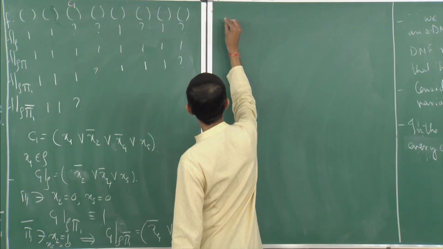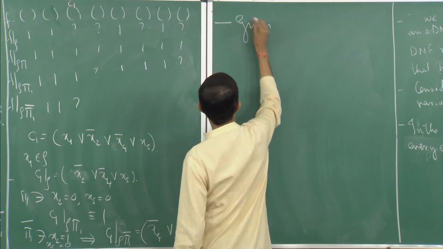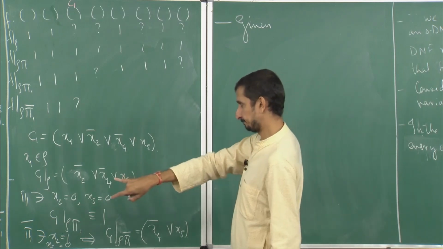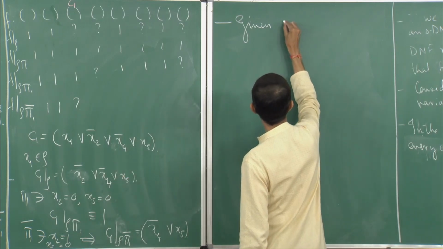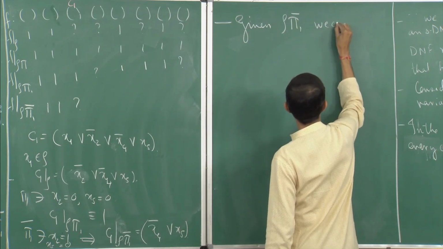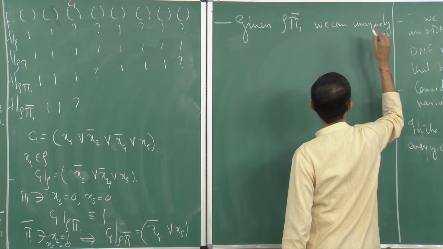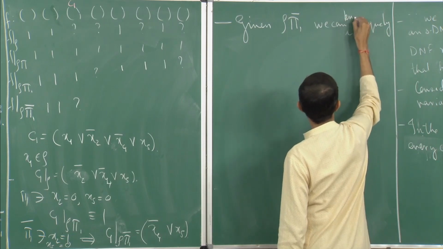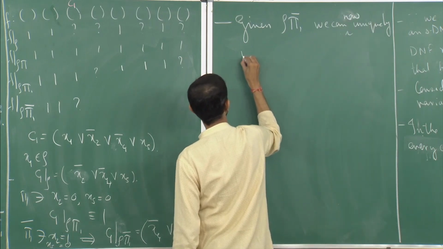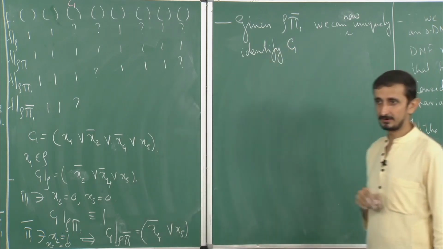Now, given rho pi 1 bar, we can now uniquely identify C1.